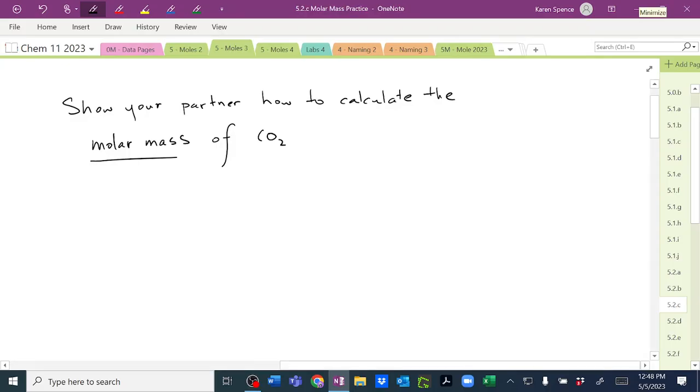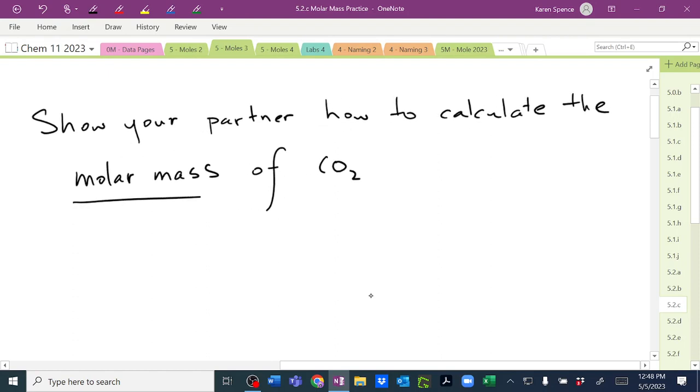Your first job today is to show your partner how to calculate the molar mass of CO2. So if you need some paper, grab some paper, okay? There is blank paper at the back if you want to grab some, if you don't have anything to write on.